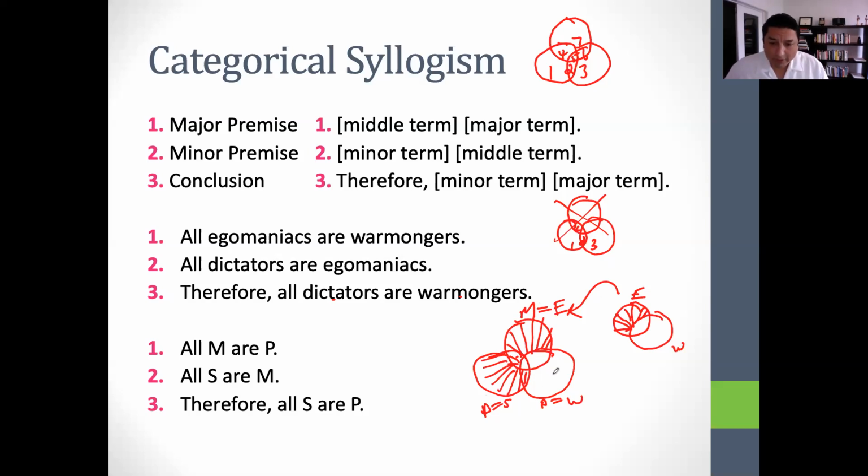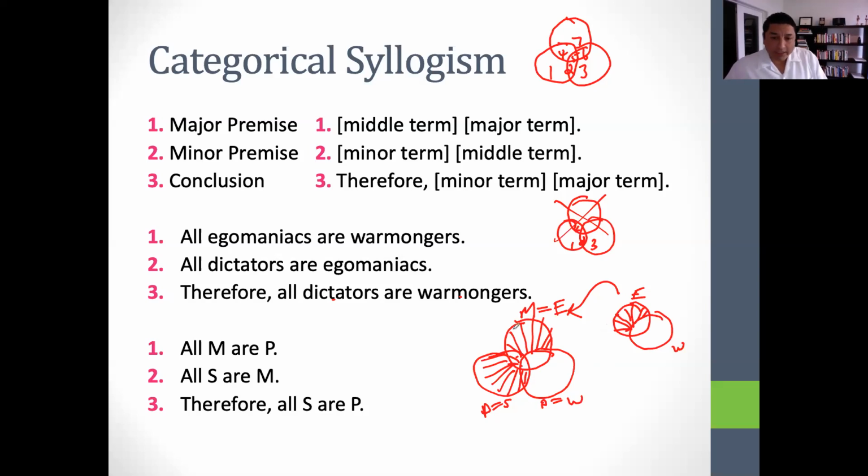Now that's the information contained in the two premises. And notice that we have this sector here and this sector here that are empty. Let's see what information we have in the conclusion. All dictators are warmongers. All the dictators that we have are going to be with the warmongers, and that's what you have here in this sector.